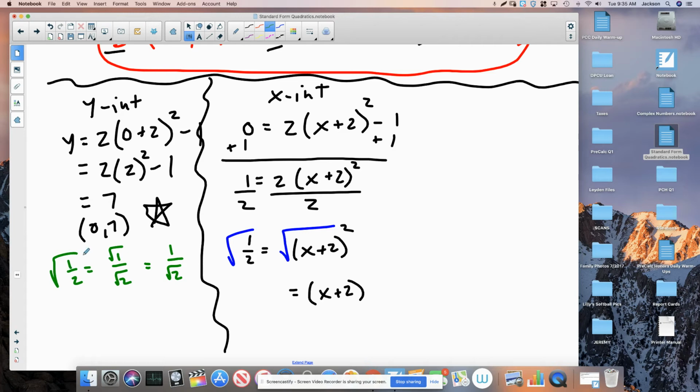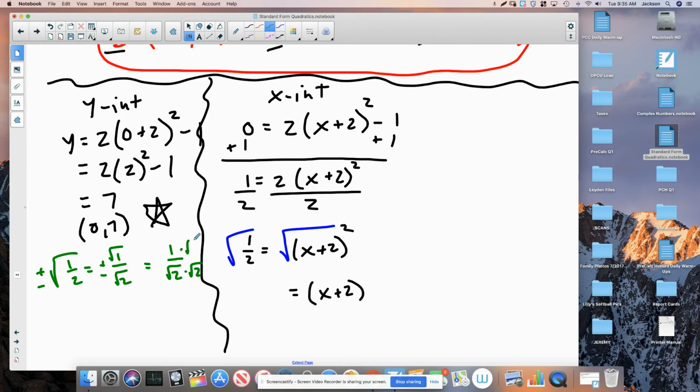Keep in mind, we're taking the square root, so the positive and negative sign are in front of each of these. It's going to get cumbersome, so I'm not going to keep writing that, but when we take the square root of anything in this regard, we have to include the positive and negative outputs. Now we're here, but we're not allowed to have radicals in the denominator, so we rationalize the denominator.